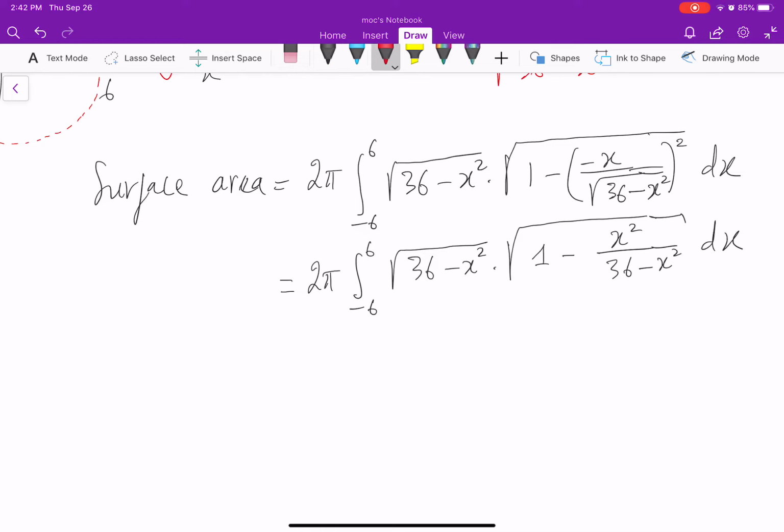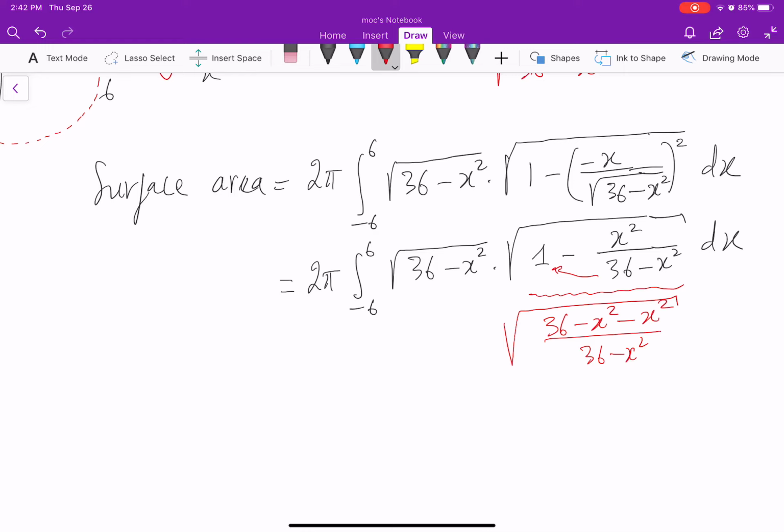Now inside the square root, I can simplify more. I cross multiply, so I have 36 minus x squared minus x squared, and then divide by 36 minus x squared.